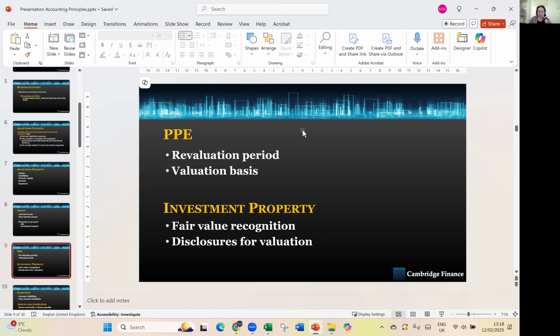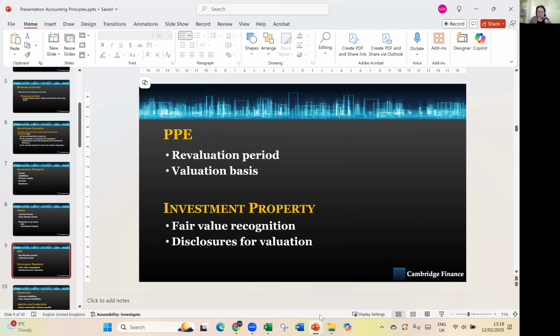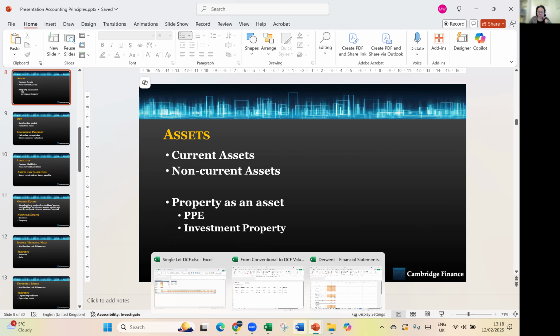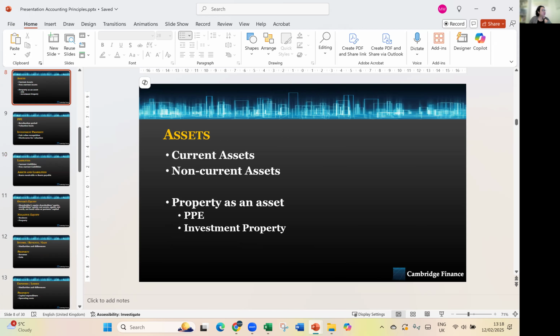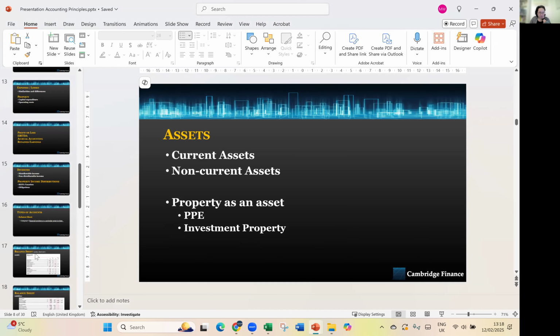And in the balance sheet, if you look at the balance sheet, let me just see if I have the balance sheet here of a company.